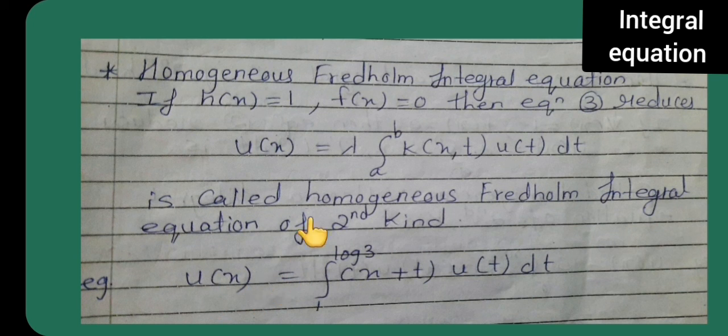Because when these two conditions hold, this will happen, and then you say it is a homogeneous Fredholm integral equation of second kind.